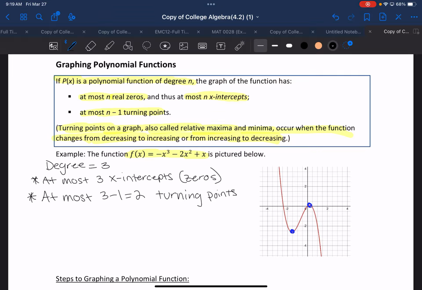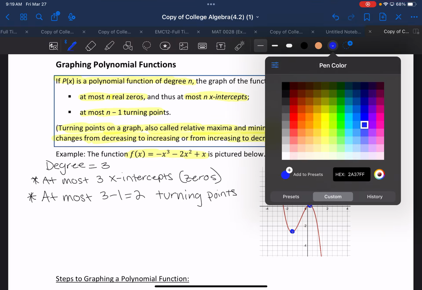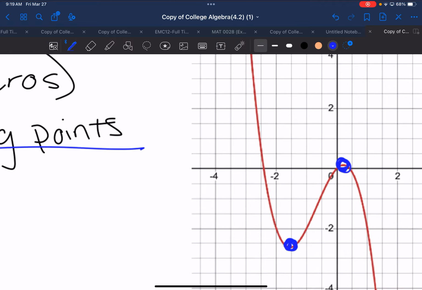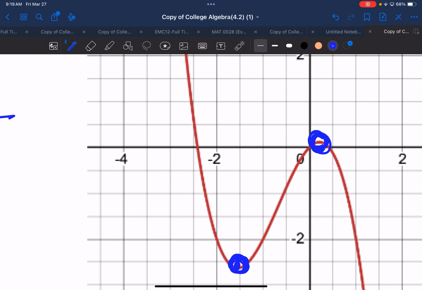So we already talked about the turning points. Those are the points in blue. And we have 2 of them, so that checks out. And if you zoom into this, well, you can't zoom in, but if you look at yours, this function has 1, 2, 3 x-intercepts.